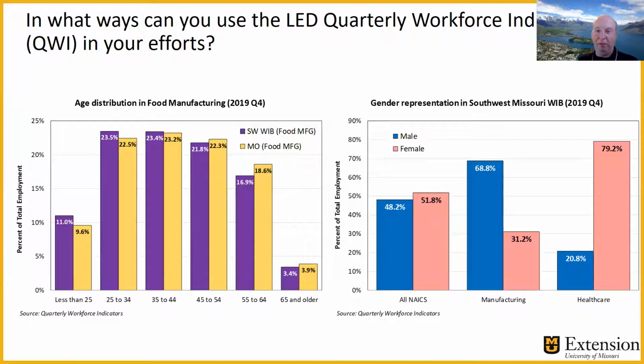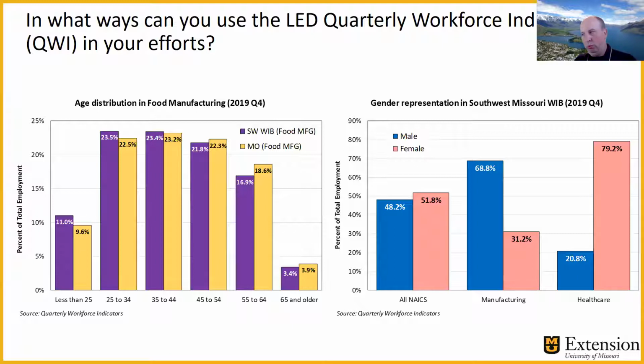If we're creating jobs in manufacturing, we're essentially creating jobs for men. If we're creating jobs in healthcare, we're going to need women in the workforce to fill those jobs, because women tend to fill those jobs. Not exclusively, but primarily. If you're creating jobs in professional services, it means you're creating jobs for people with degrees.